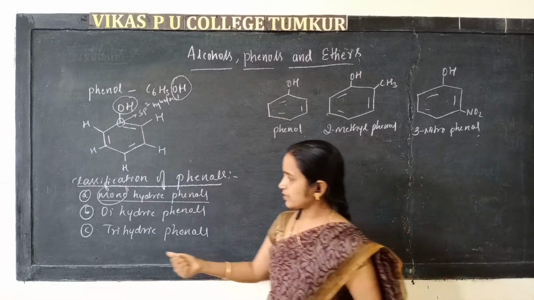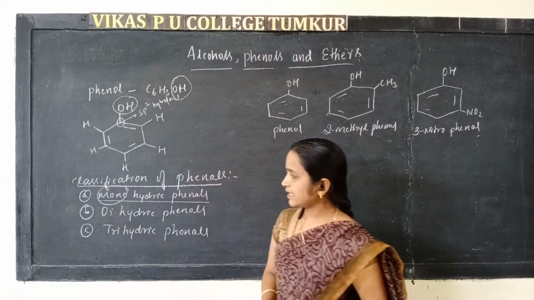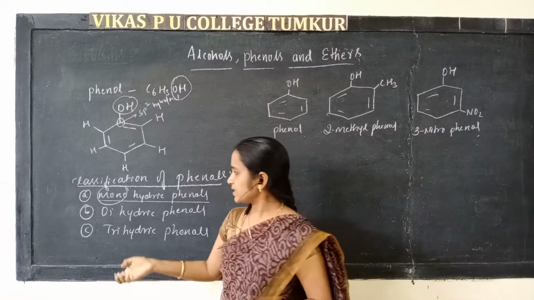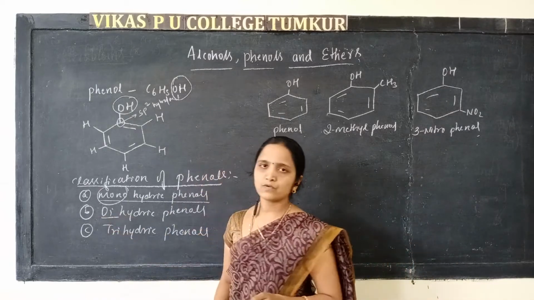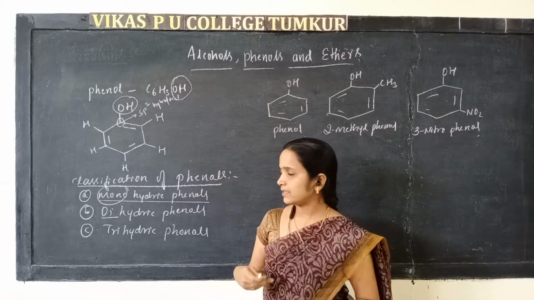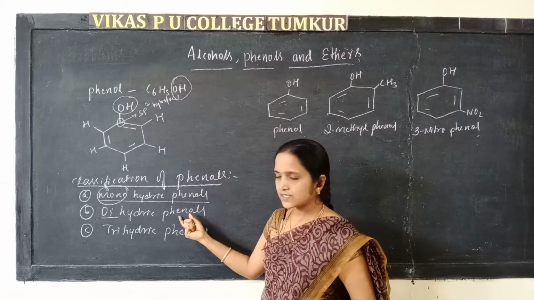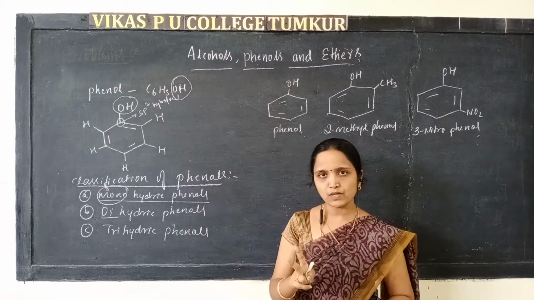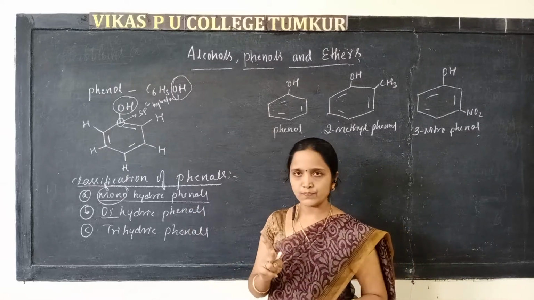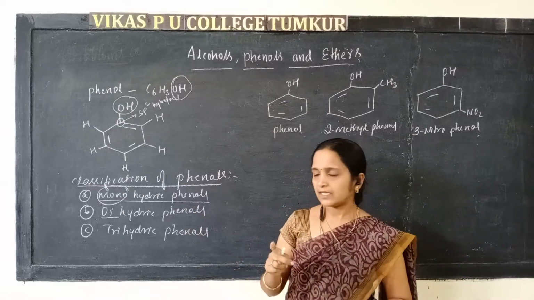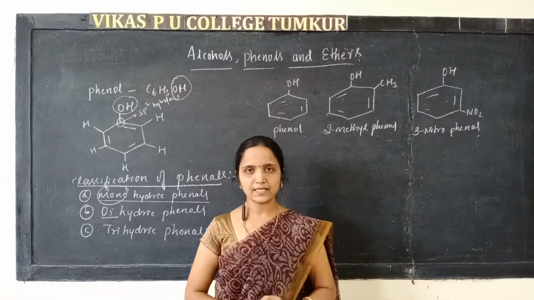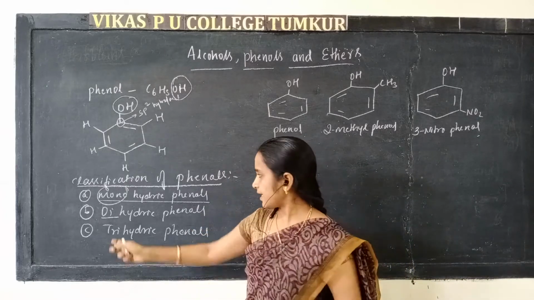Next comes the dihydric phenols. Di means two. These are the phenols in which two OH groups are directly attached to the aromatic ring. That we call dihydric phenols.